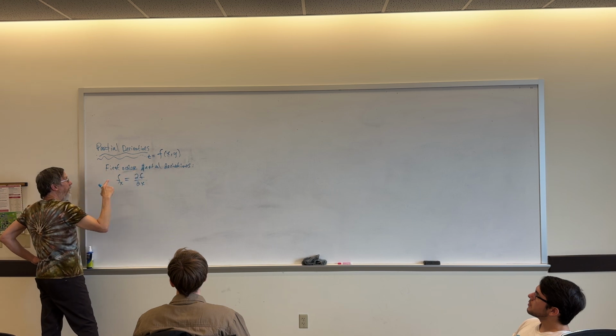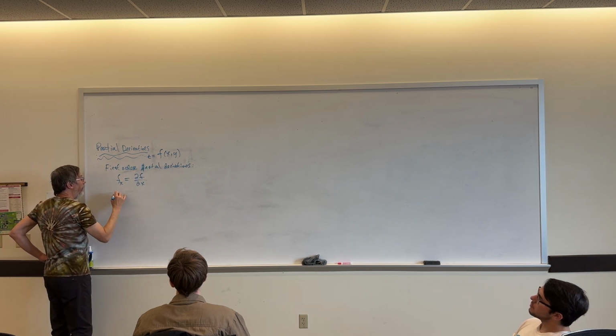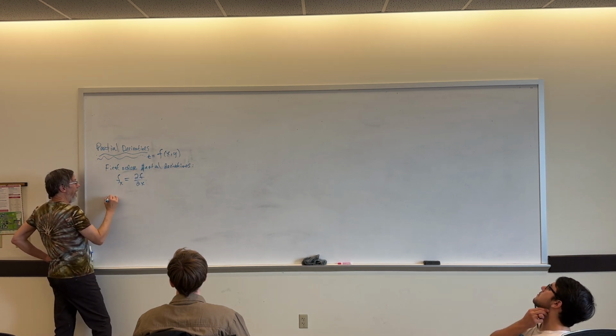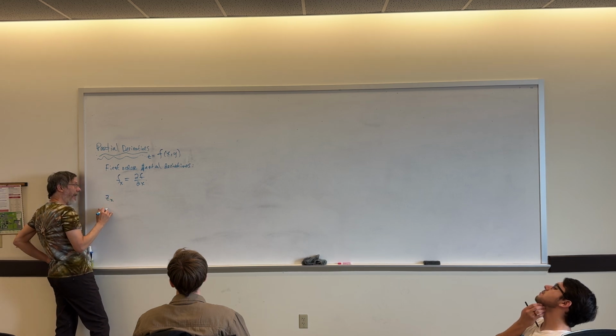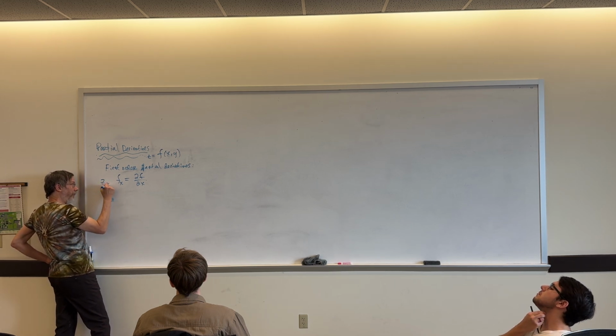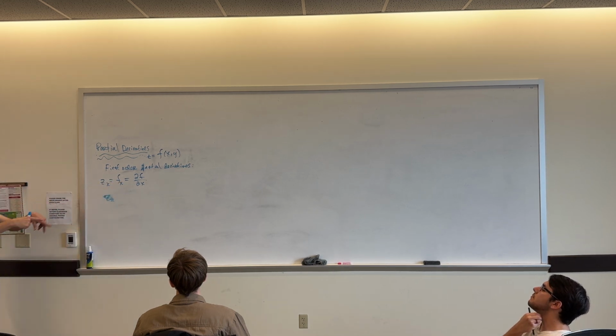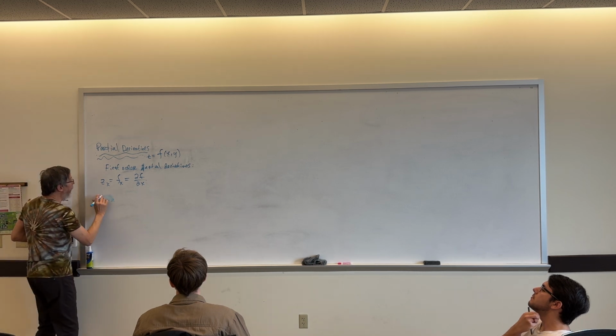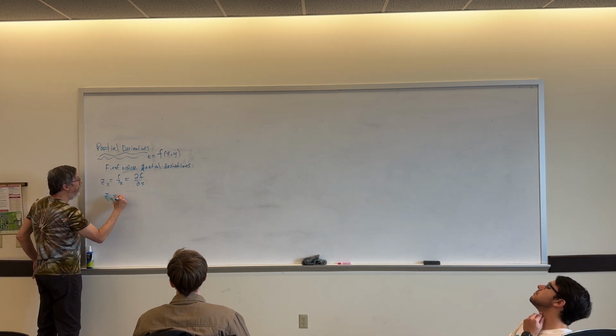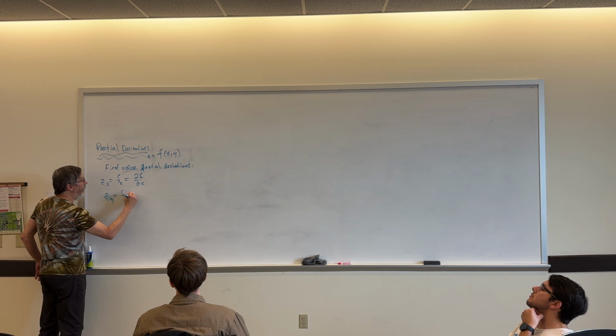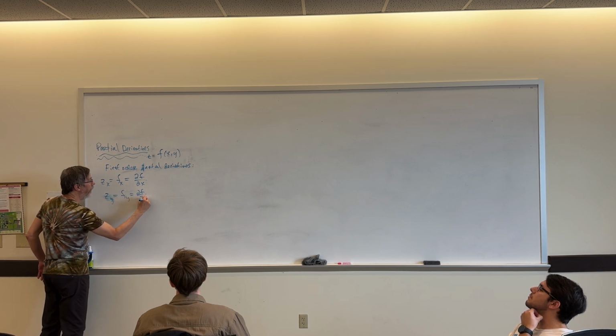So z equals f of x, y. So I could also talk about z sub x as the same thing as the partial of f with respect to x. And then I could have z sub y, which is f sub y, which is the partial of f with respect to y.